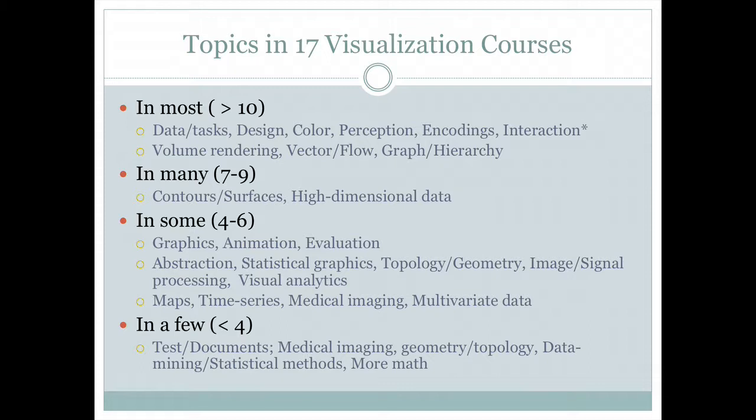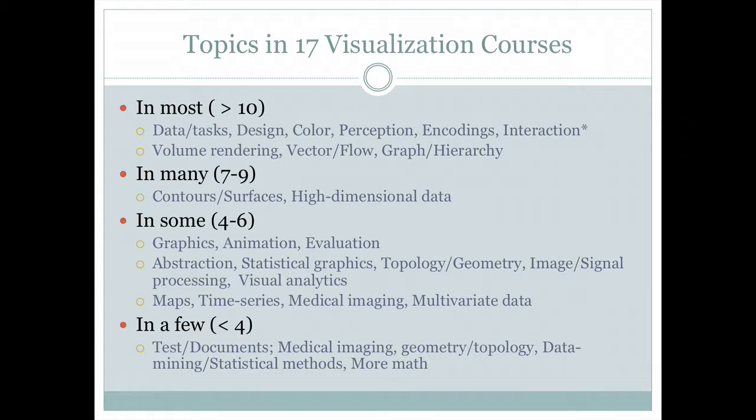The things that typically appear, one could argue that this is what's solved, but I think that first list just tells us what we think is important, not what we have something to say about. So things like the characteristics of data or tasks, design, color, perception, basic encodings, interaction, which was the most popular topic across all the courses I looked at.